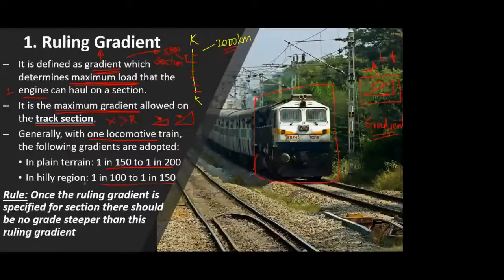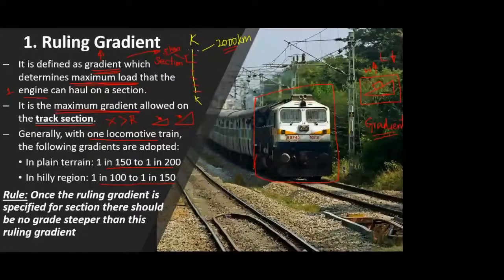So you can see in hilly areas the ruling gradient is a bit steeper than in plain terrain, obviously because the topography in hilly areas is of that kind. And one important thing to understand is, once the ruling gradient is specified for a section, there should be no grade steeper than this ruling gradient.